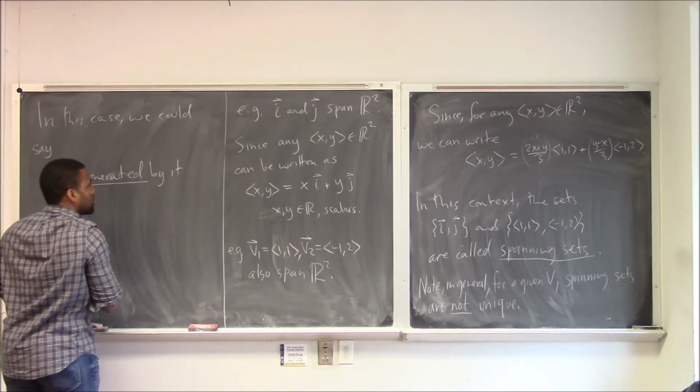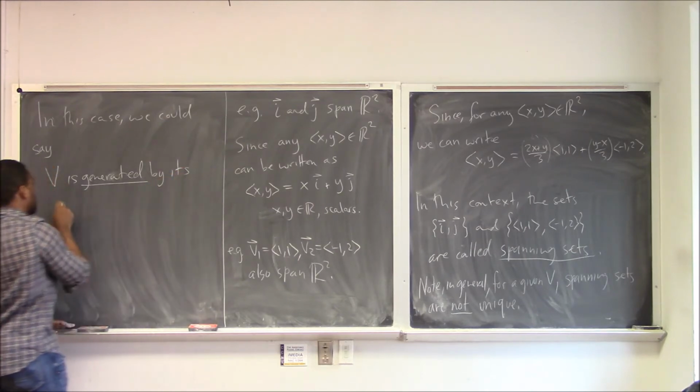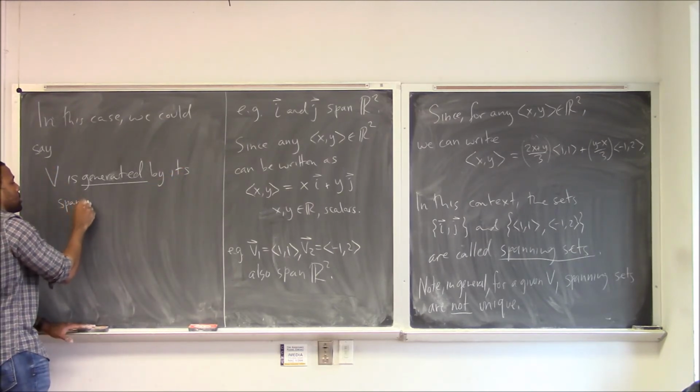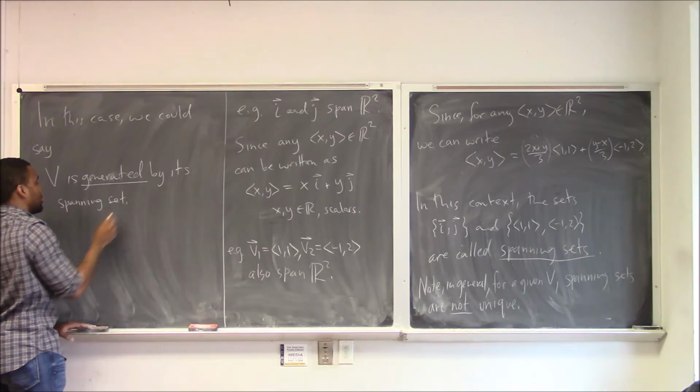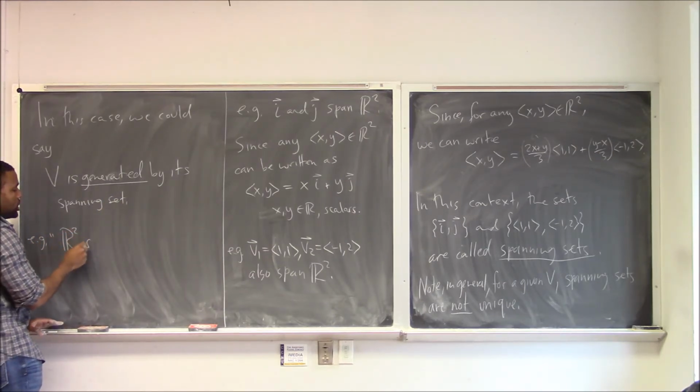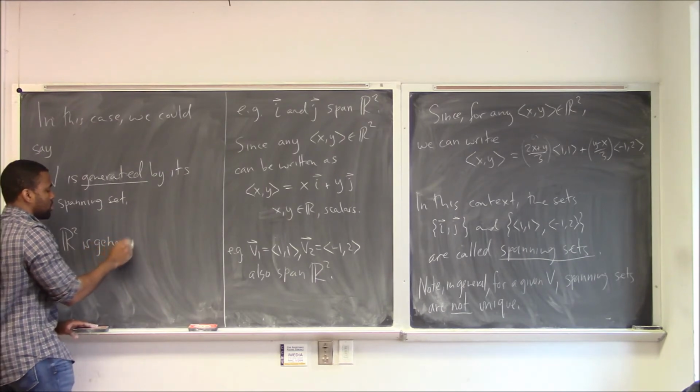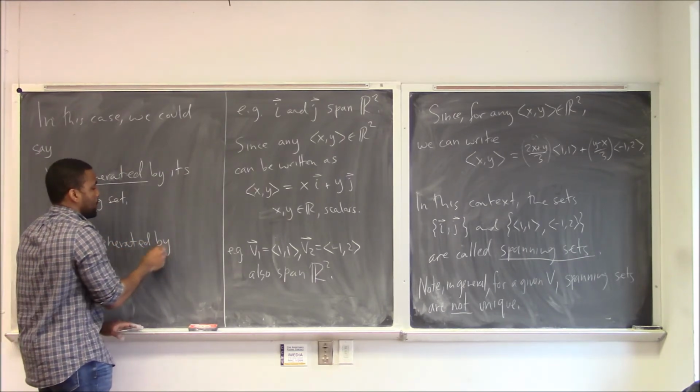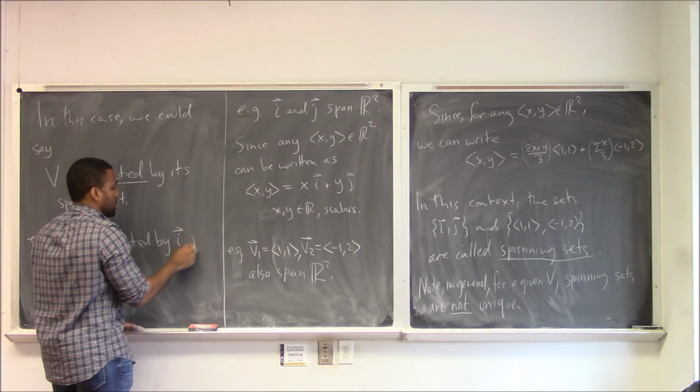That's the terminology that we use. So for example, you could say the phrase R2 is generated by i and j.